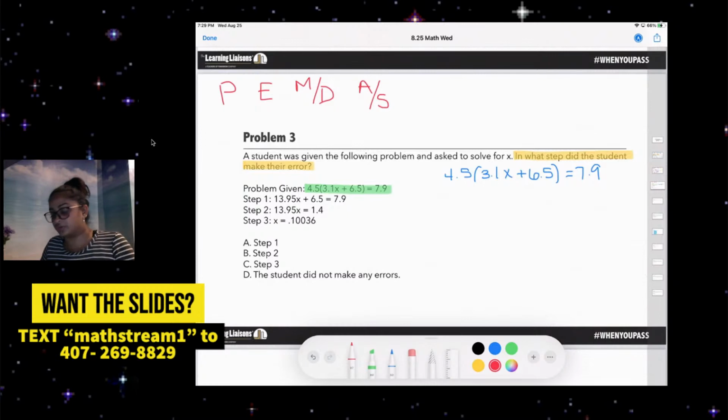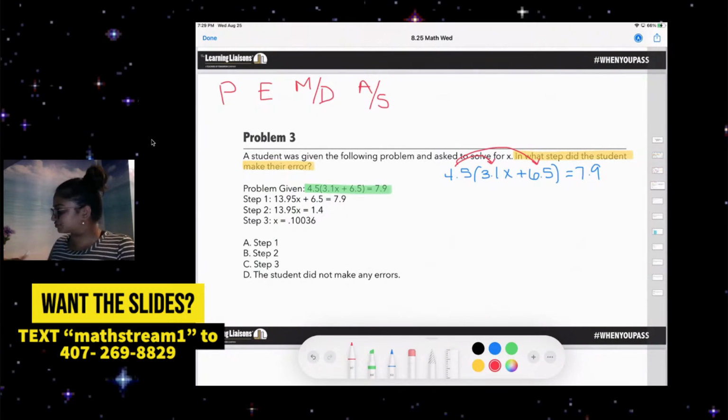So we're going to start with our parentheses. Is there anything to do inside the parentheses? I cannot combine this and this together. So nothing to do inside. I do know that this 4.5 on the outside can be multiplied in. So let's start there.